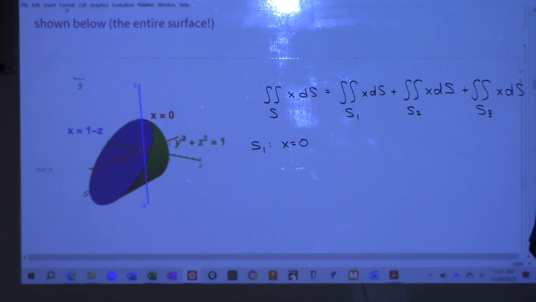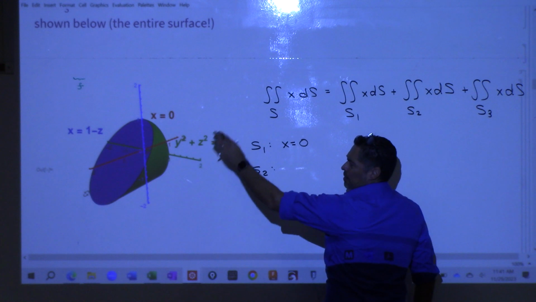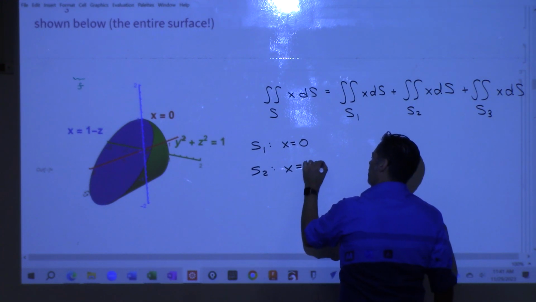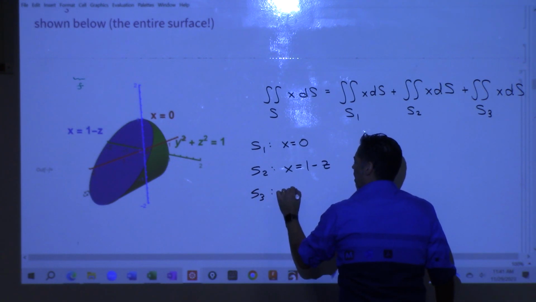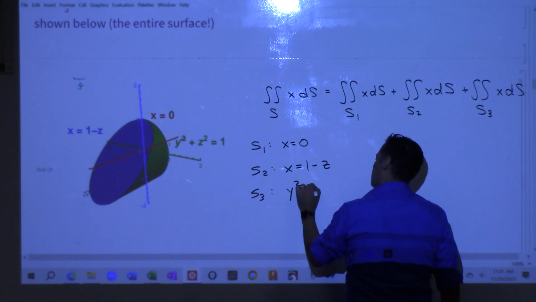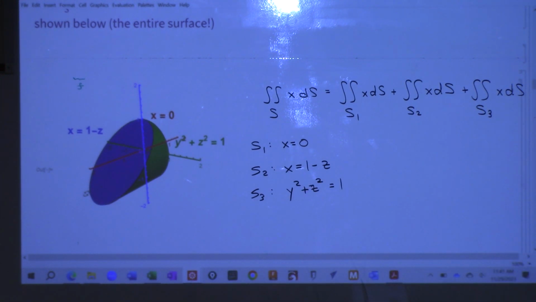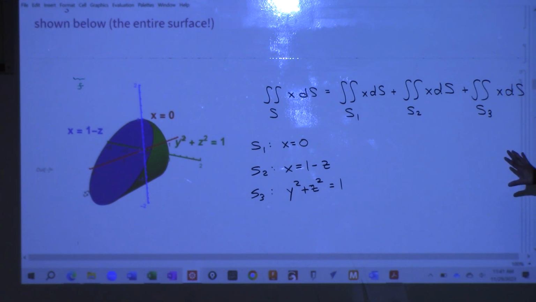It's a disk, but it's flat. And then we have S2, let's do the blue one, x equals 1 minus z. And then S3 is that nasty one. All right, so that's what we've got to do. We've got to do three surface integrals.